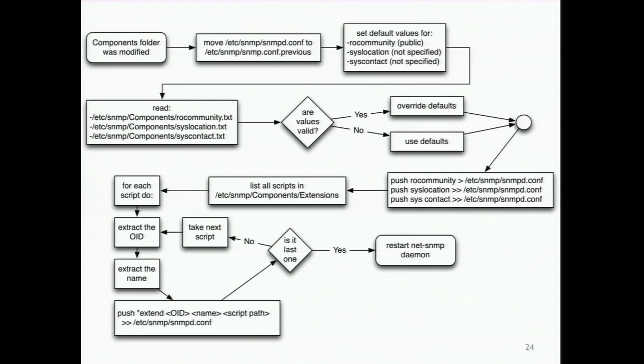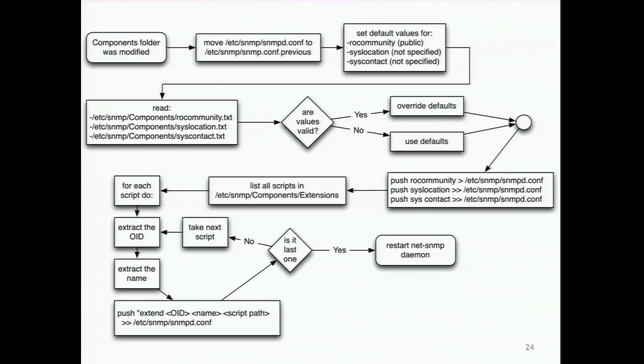So that's the flowchart. I start by, it executes when the folder was modified. Then I move the current file to .previous, because I want to keep the last iteration in case there's a mistake and you want to go back to it. Then I set default values for the 3 text files in case they're not there or they're empty.